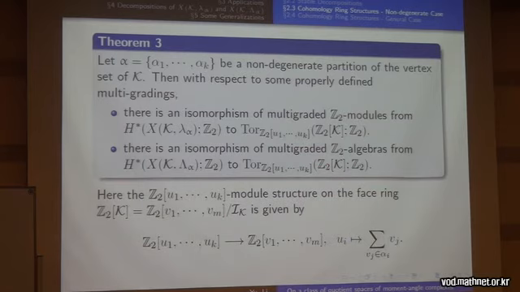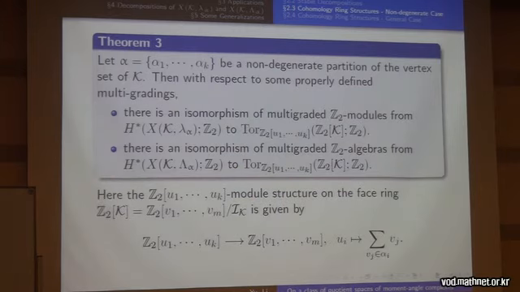Say u_i acts on this polynomial algebra as the sum of the generators that belong to alpha_i. So this is the ring structure of Z2[K] over Z2[u1,...,uk], and it is also defined by the partition alpha.